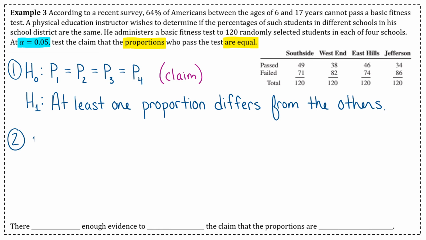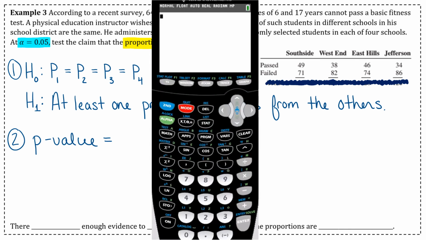And then for step 2, we want to get our p-value, and this is going to be done the exact same way that we just did the chi-square test for independence. So remember, you want to cross out your totals if they do give you any. That's because we don't need to put those in our calculator. I'll do this one more time with you as far as the matrix and the calculator, but it's the exact same thing that we just did.